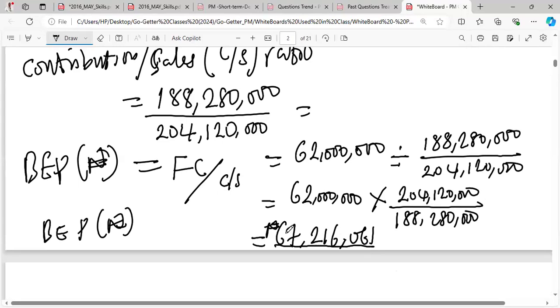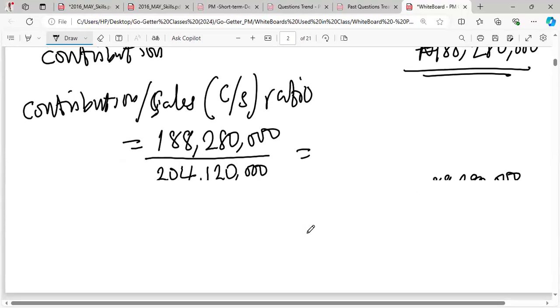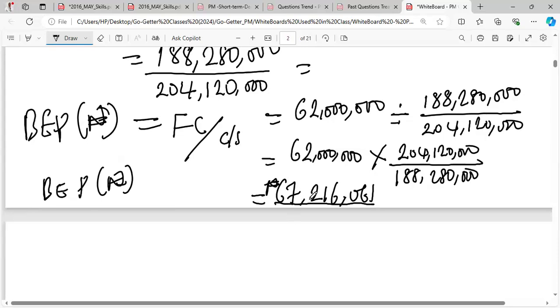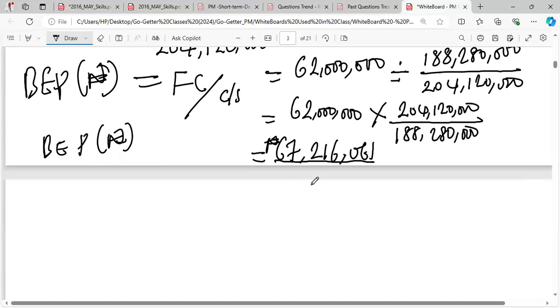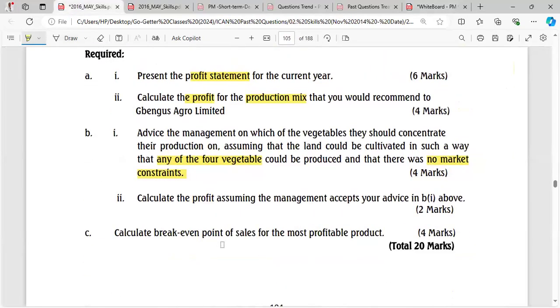Of course, if you are to make this as your sales and you are to remove your variable cost and fixed cost, you will be getting a profit of 0. So this is what you are asked to do. And that concludes this question. You may want to go through the question again to see how you can better understand it.